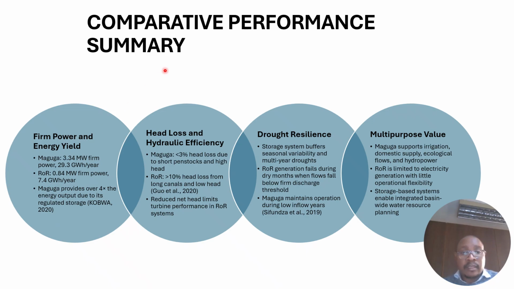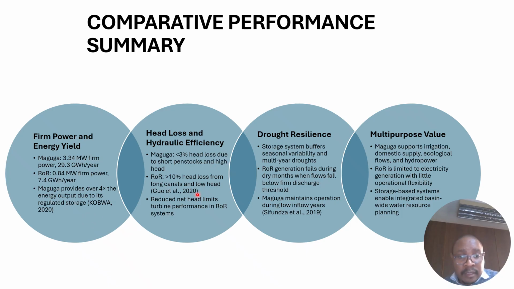Now if you look at the comparative performance summary, one, the firm power and energy yield: Maguga is supplying 3.34 megawatts, which equates to 29.3 gigawatt-hours per year, with the run-of-river at 0.84 megawatts and 7.4 gigawatt-hours per year. And then Maguga provides over four times the energy output due to its regulated storage.